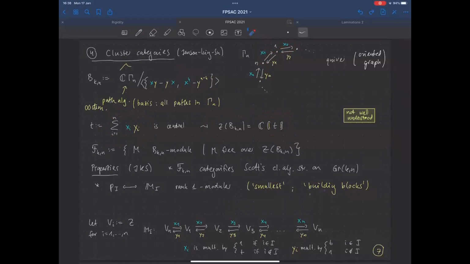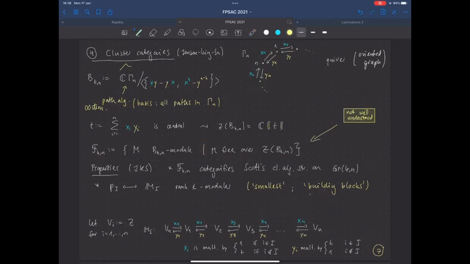And what Jensen, King, and Su did, they defined this category FKN as modules M for the algebra BKN. And they want that these modules are free over the center. So it's like at each of the vertices of this quiver, we have copies of the center and they're linked together by, I have to say how they're linked together with the x's and the y's, but at each of the vertices, I should have copies of the center to make it free over the center.